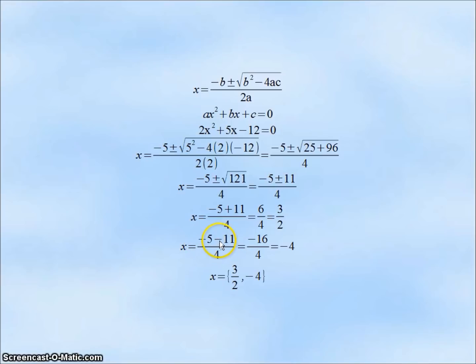Negative 5 minus 11 all over 4 equals, evaluating this, negative 5 minus 11 is negative 16 over 4, which reduces to negative 4. Not so bad. So here's our two choices for x. X is the solution set of 3 halves and negative 4.